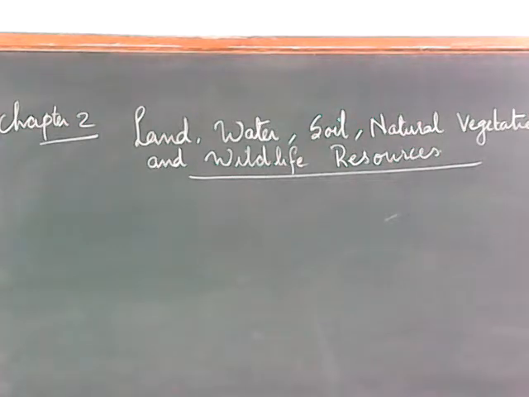Okay, so these are resources, but can you tell me which type of resources it is? It is natural resources. Okay, so how land, water, soil, natural vegetation and wildlife are so useful for us, that we are going to see in this chapter.